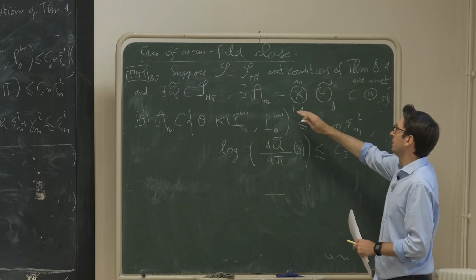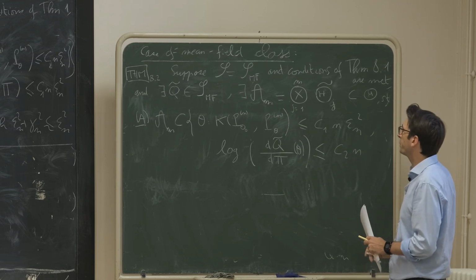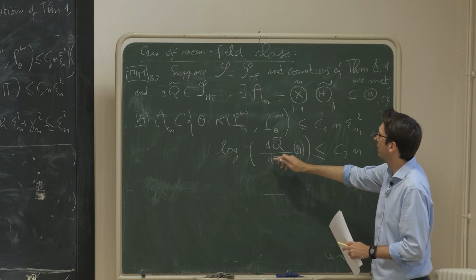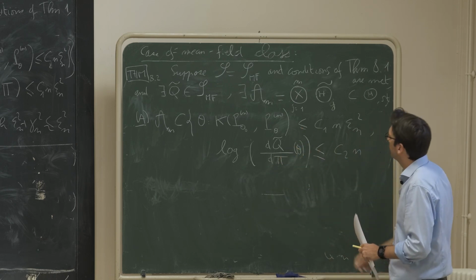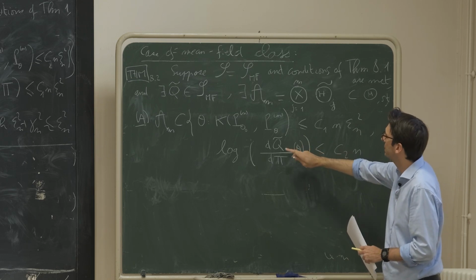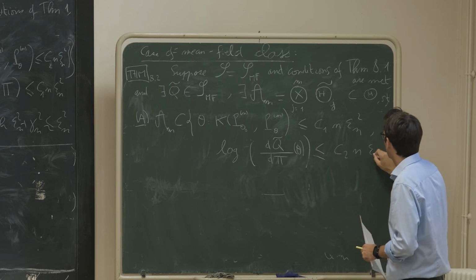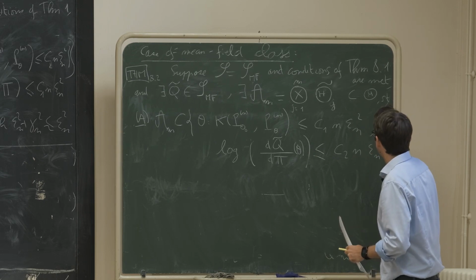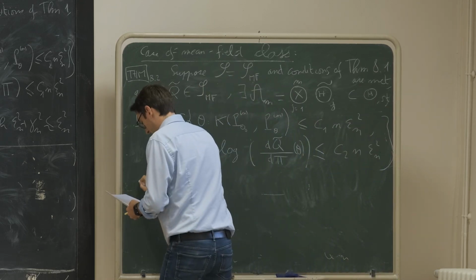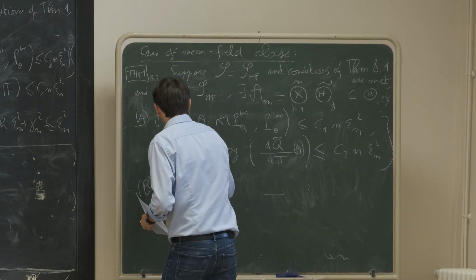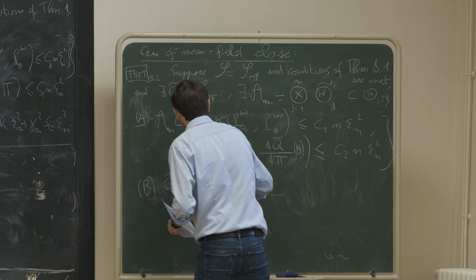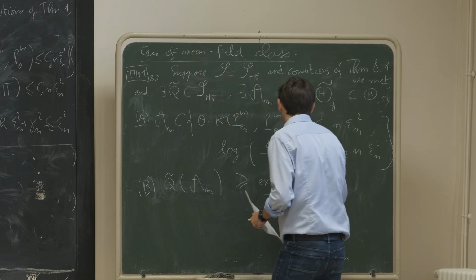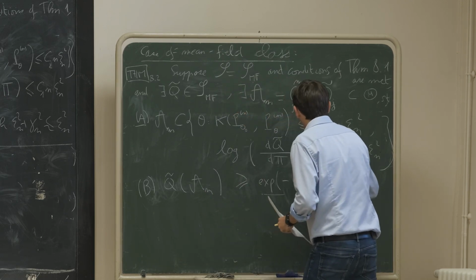So the Kullback-Leibler between the truth and the candidate theta is under control, and the log of the density ratio of q tilde and pi at point theta is controlled by the same type of quantity. Okay, so this is one condition, and the other condition, B, is that we want q tilde of A_n, that's like a prior mass but for a q, to be larger than these usual exponentials.